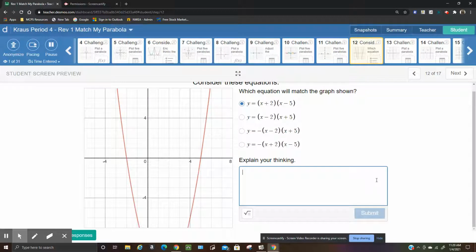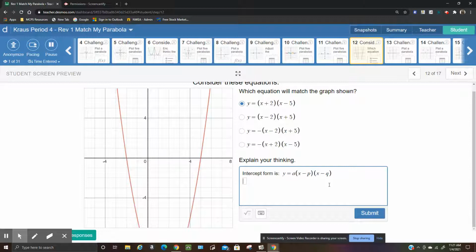So the intercept form. P and Q are the intercepts, and it looks like they use the A value of 1 or -1 in each of these.